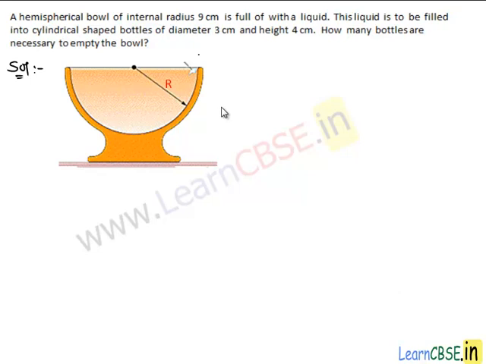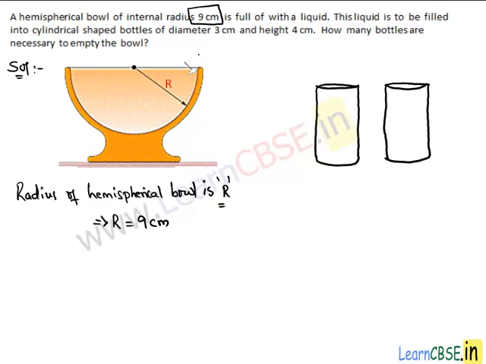This is a hemispherical ball and internal radius is R, which is 9 centimeters. And it is given that the water in this ball is used to fill up the bottles which are in cylindrical shape, and given dimensions are the diameter of this base circle is 3 centimeters and the height of the cylinder, that is height of the bottle, is 4 centimeters.